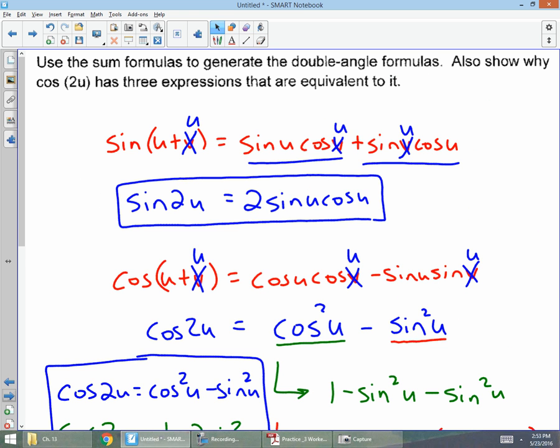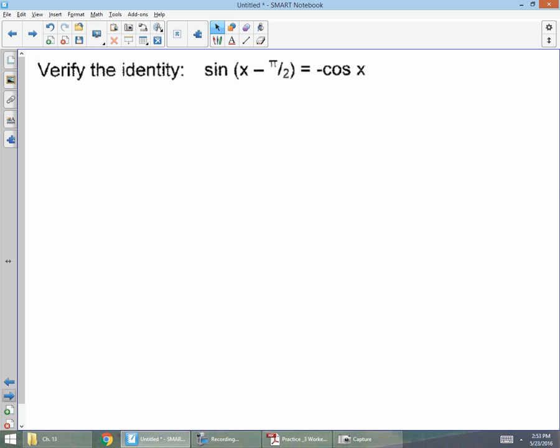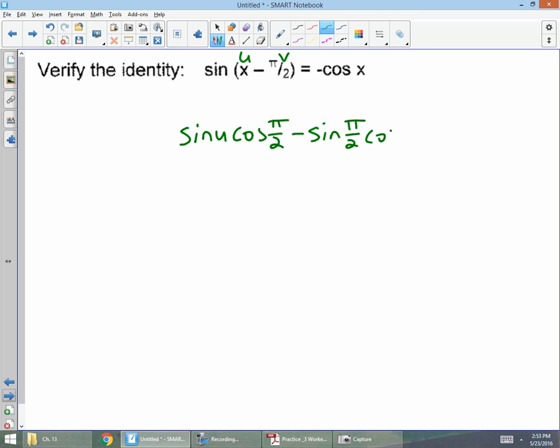Okay, let's make sure we've gone through everything. Oop, here's another one. Verify the identity. Let's look at it from the perspective of that being u and that being v. The sine of u, cosine of pi over 2, minus the sine of pi over 2, cosine of x.